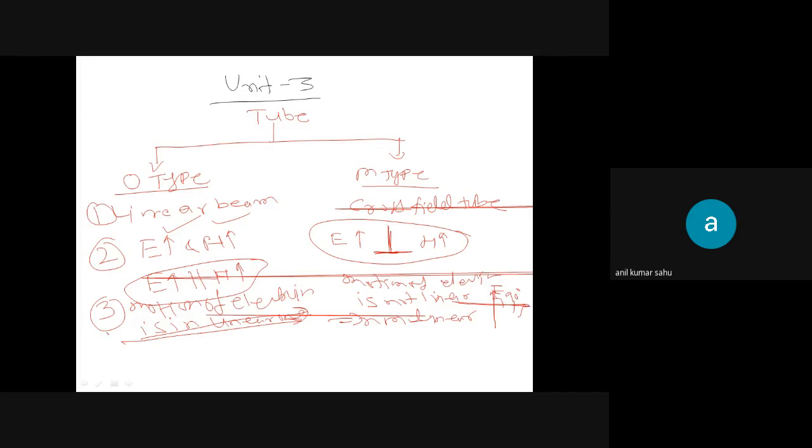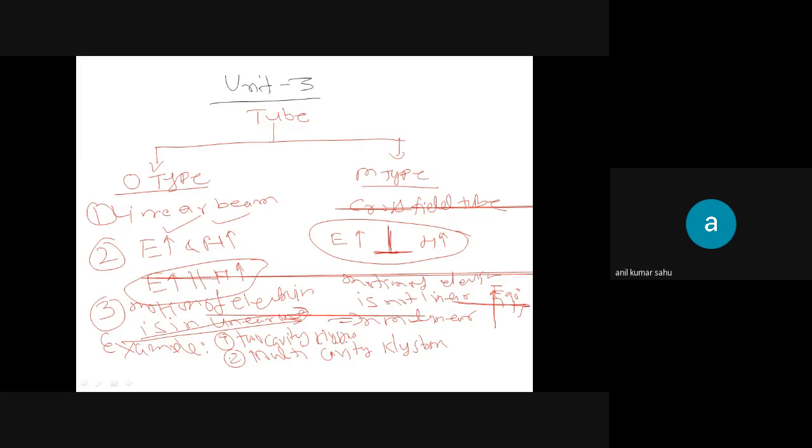Now, what are examples of O type tubes we have studied? The first is the two cavity Klystron. The second is the multi cavity Klystron.